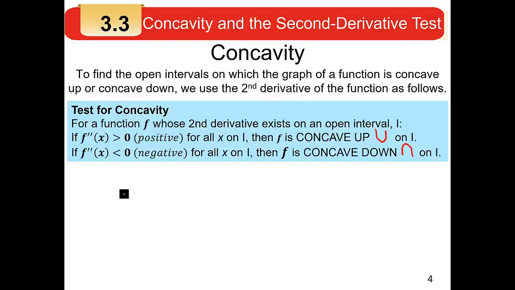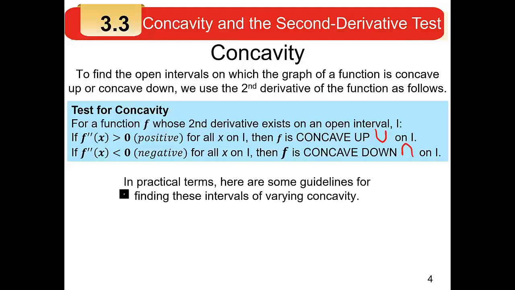So the second derivative tells you about concavity. A positive second derivative gives you an interval of concave up behavior, and a negative second derivative over an interval gives you an interval of concave down behavior.